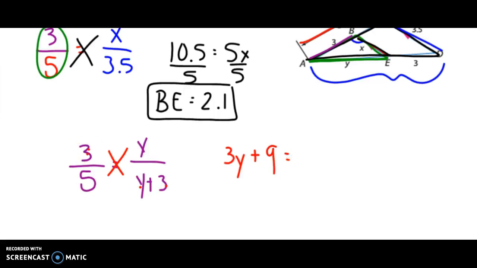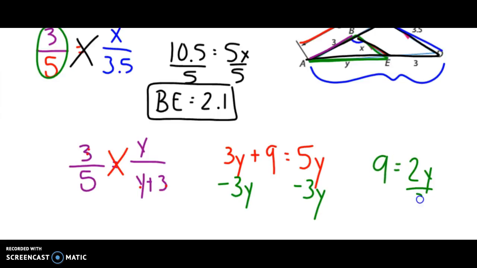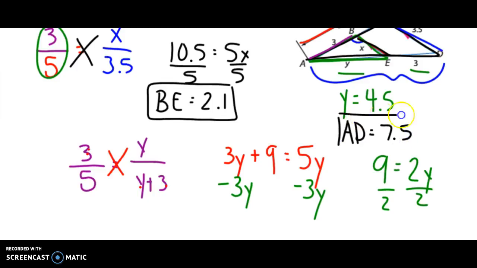And that's going to be equal to 5y. I subtract 3y from both sides because there are more y's on the right. I get 9 is equal to 2y. Divide by 2. y is going to be 4.5. But that's not what they wanted us to find. They wanted us to find AD, which is 4.5 plus 3. So AD is going to equal 7.5.